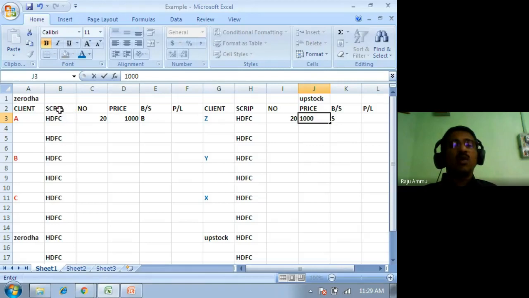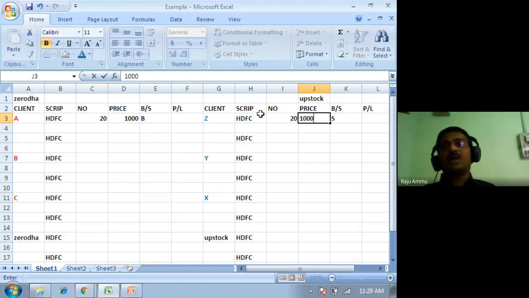One is with a long position, in the sense, friends, buying first and then selling. That is a long position. So client A has taken a long position with a buy position, and later he may be selling.